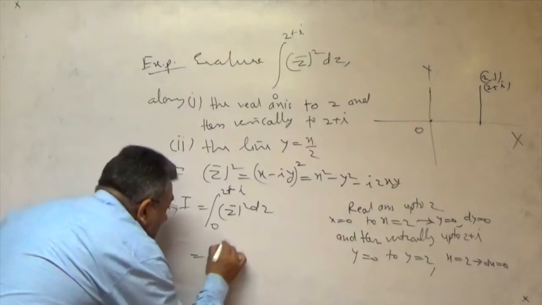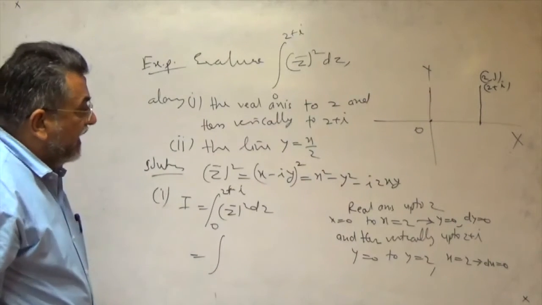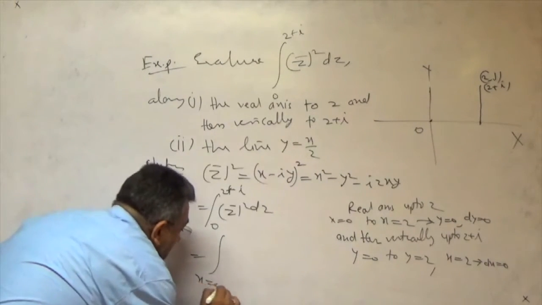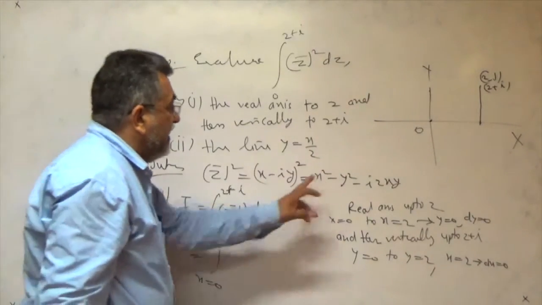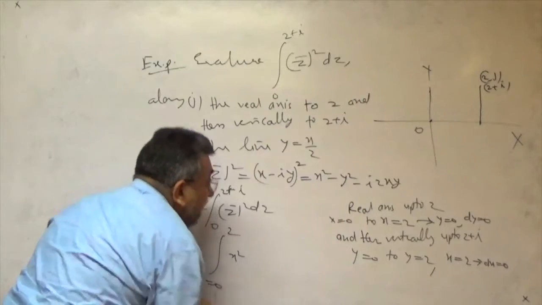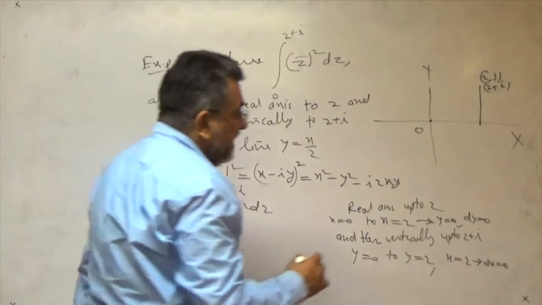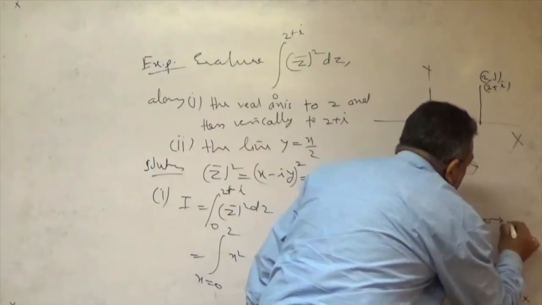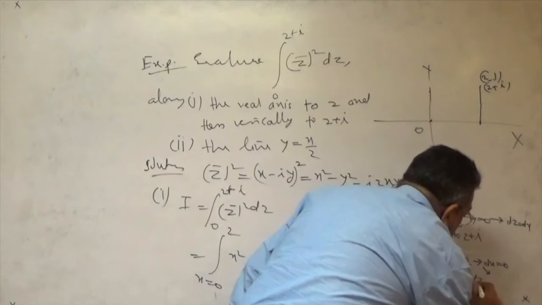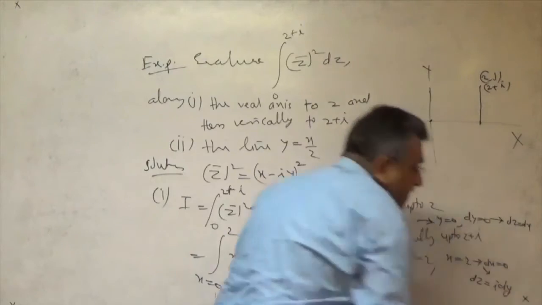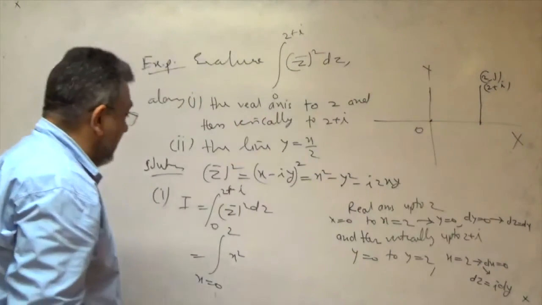Then this integral breaks into two parts. For x from 0 to 2 in the first part, z bar square, with y = 0, is x square, and dz equals dx. In the second part dz equals i dy, because you know z = x + iy.